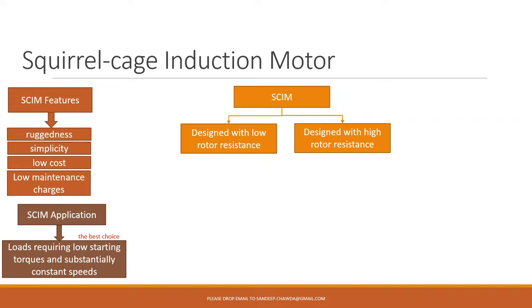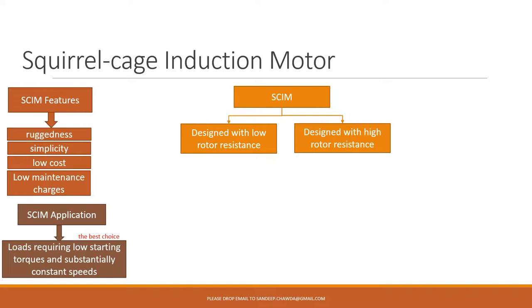We know that it has low starting torque. That torque can be decided while this motor is being manufactured. At the time of designing this motor, its starting torque will be decided, and that will depend upon the value of rotor resistance.